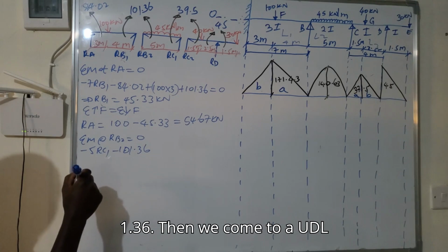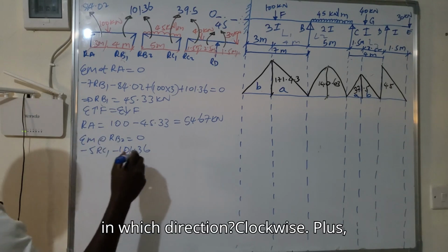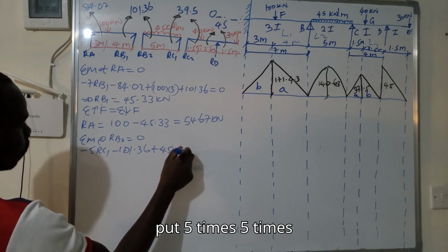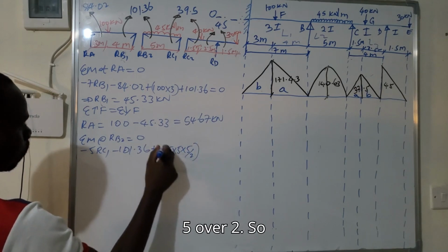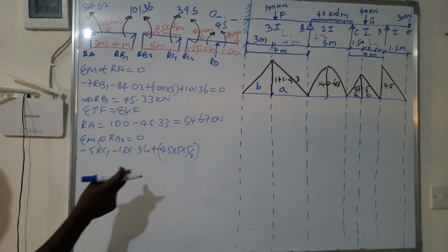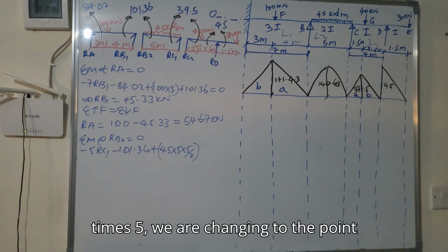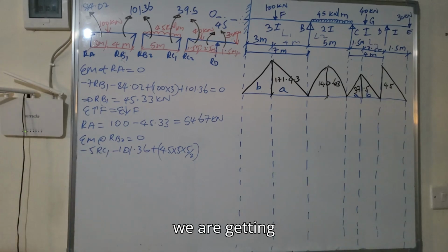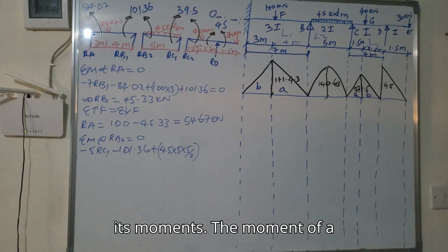And then we come to UDL, in which direction? Clockwise, plus 45 times 5 times 5 over 2. So times 5, we are changing to the point load. Times 5 over 2, we are getting its moment.